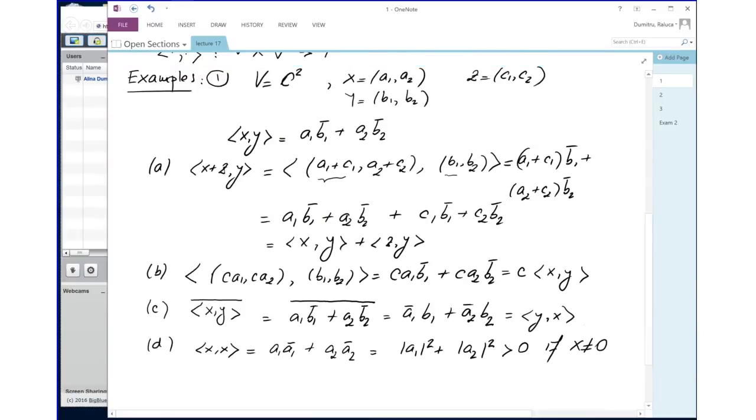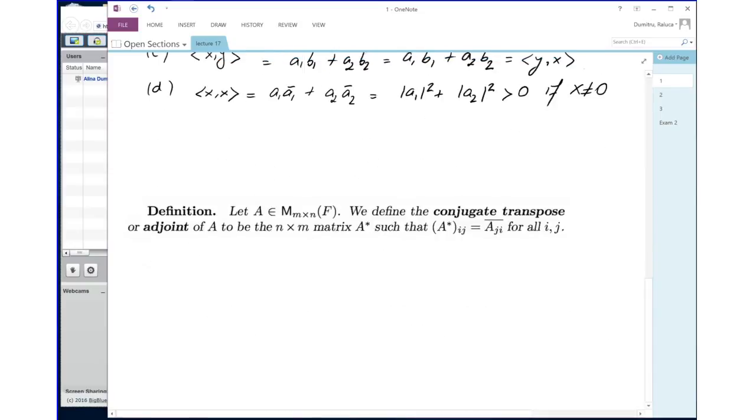Now, of course, this was a very specific example on C2, but again, this could be expanded to the entire Fn in the following sense. So example 2.